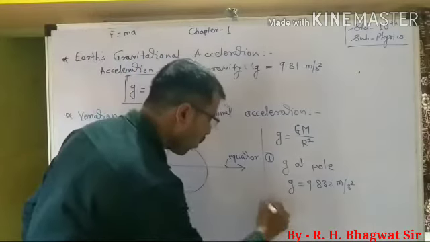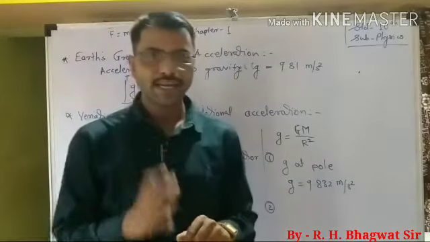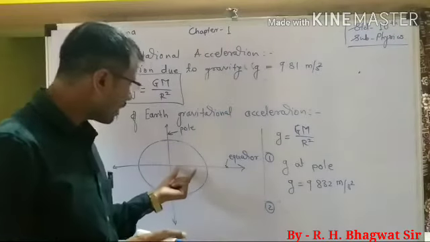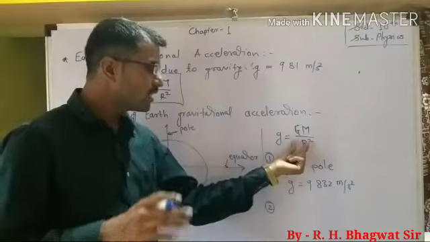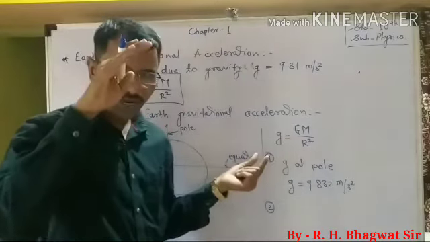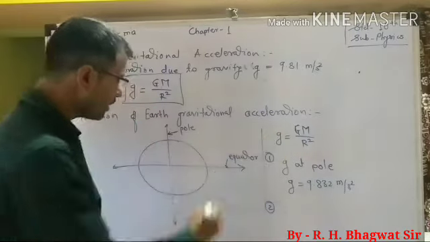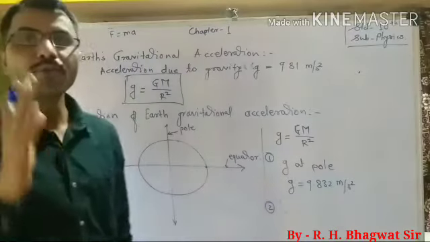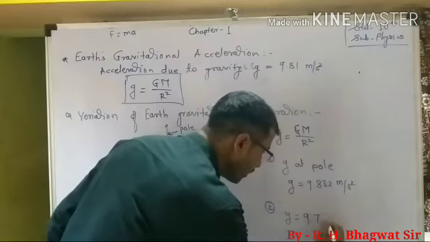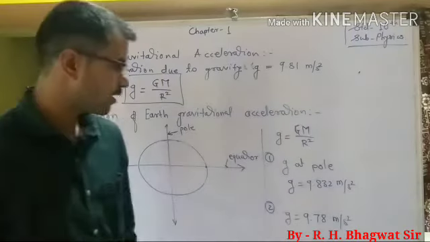Now, when we go to the equator, the radius of Earth is maximum. As the value of the radius increases, the denominator increases. Therefore, the value of acceleration due to gravity decreases, and the value of acceleration due to gravity at the equator is minimum, which is g equal to 9.78 meters per second square.